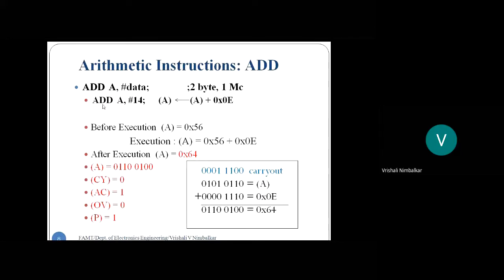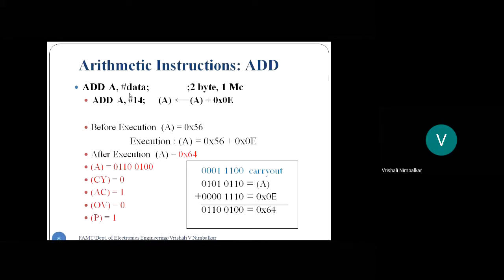Exact example: ADD A comma hash 14. In the example, I have written hash 14, that's the data. And I didn't write 0x, meaning I have entered a decimal number. 14 is taken as a decimal by the microcontroller, converted into hex, and then operated on. See the execution, written after the semicolon. 14 is a decimal number, converted into hex as E. 0x0E is the data now.